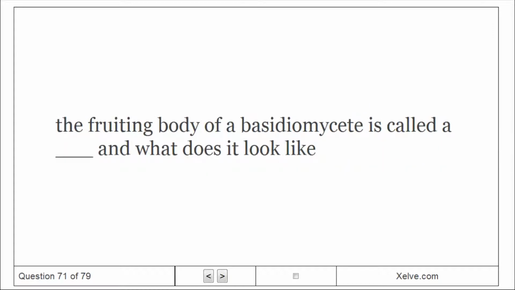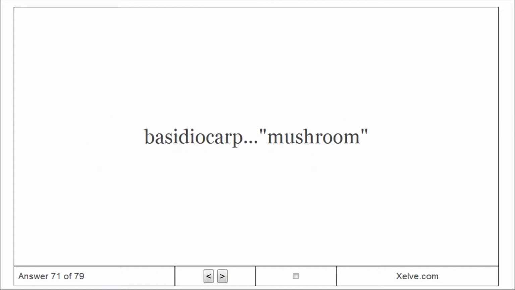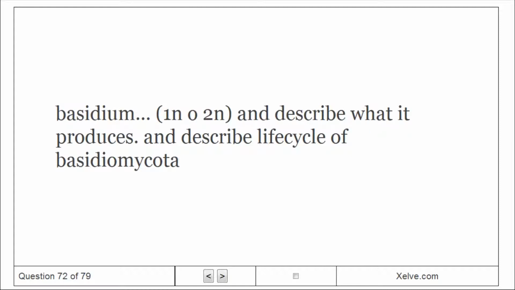The fruiting body of a basidiomycete is called a basidiocarp, and what does it look like? A mushroom. Basidium: describe what it produces, and describe the life cycle of Basidiomycota.